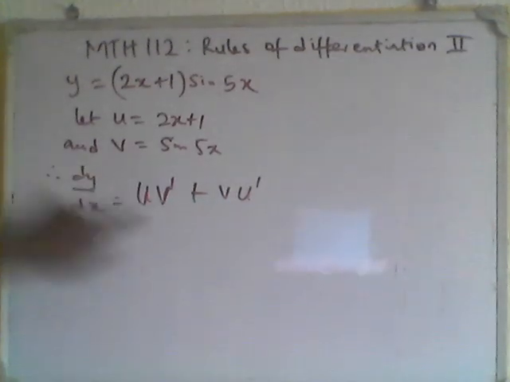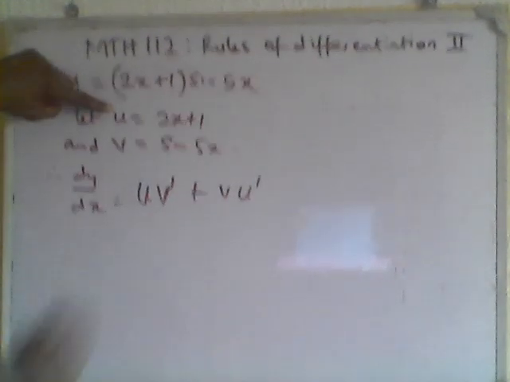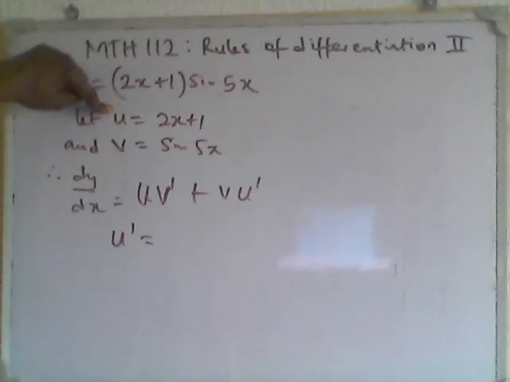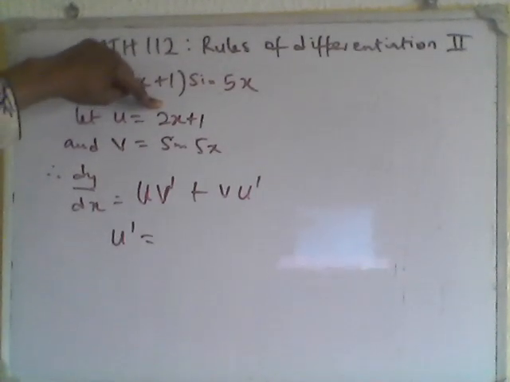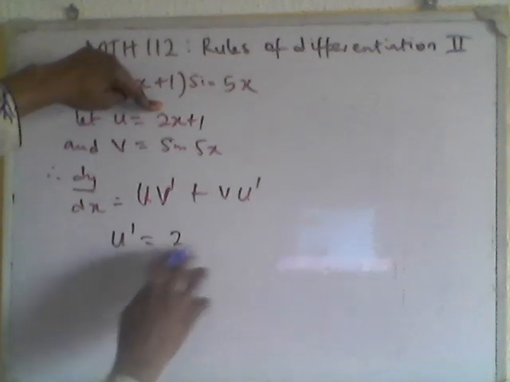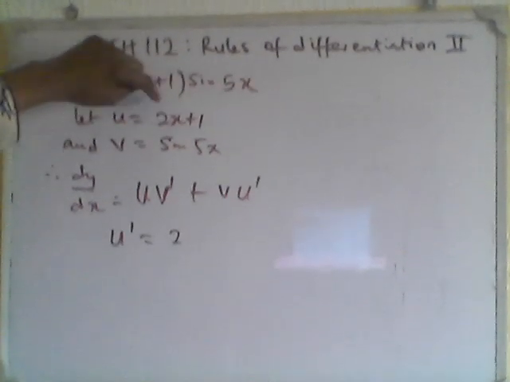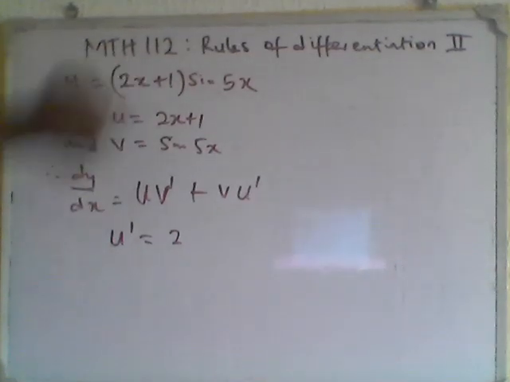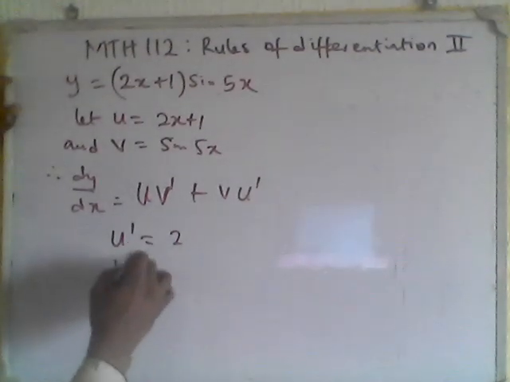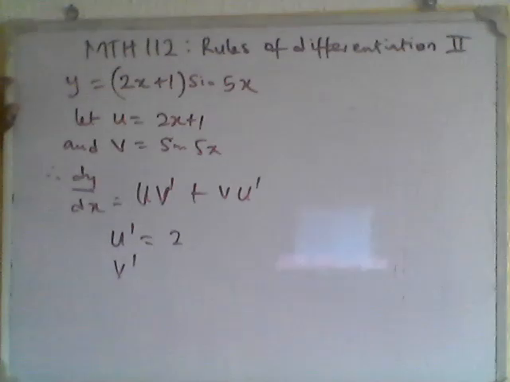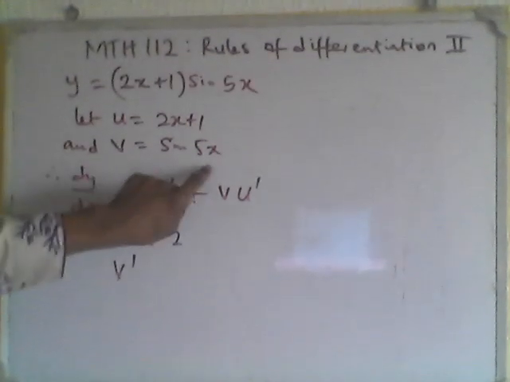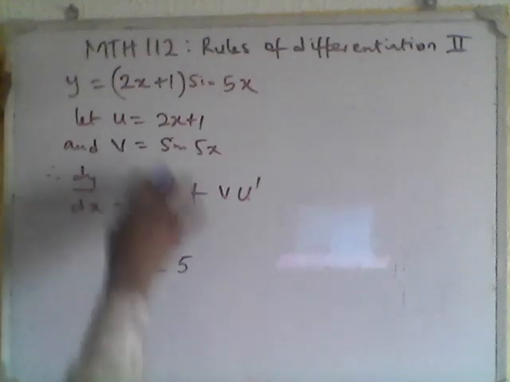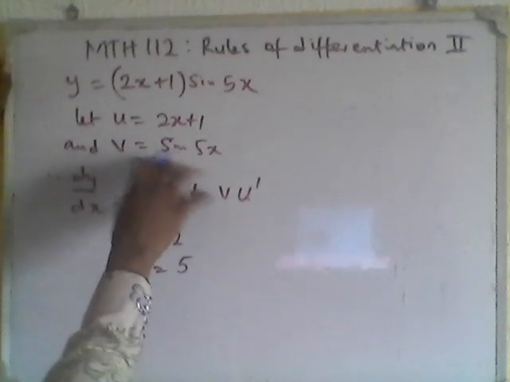So I will just go ahead and differentiate the u and the v. So my u prime, that's differential of u, differentiate u relative to x. What I have is 2x, no, just 2, because there's no power here, the power here is not greater than 1. So I have 2, right? Now, v prime, or differential of v, that is differentiating v relative to x. I'll bring 5 outside, then differentiate this trigonometric sine.